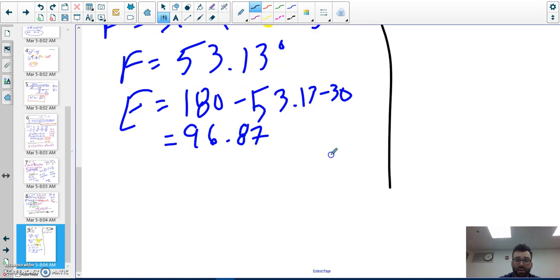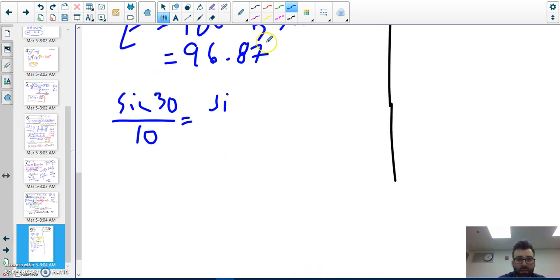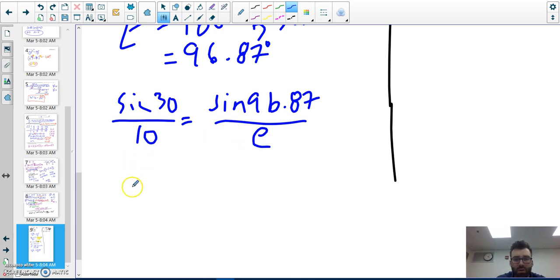All right, I'm going to solve for E over here, the little E. So I'll do the sine. I'm going to use D again: the sine of 30 over 10 equals the sine of 96.87 all over E. Cross multiply.